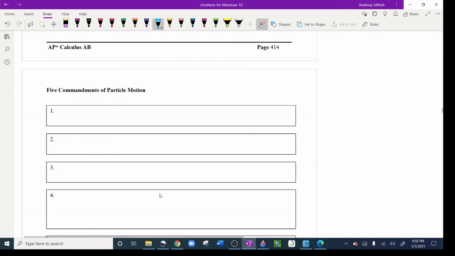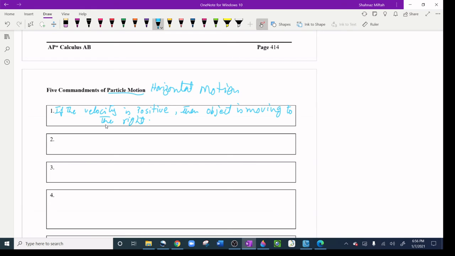Next, we have the 5 commandments of particle motion, and you guys have to really memorize those and make sure they make sense to you. Particle motion means I'm talking about horizontal motion. I said that before. The first commandment says, if the velocity is positive, then the object is moving to the right.